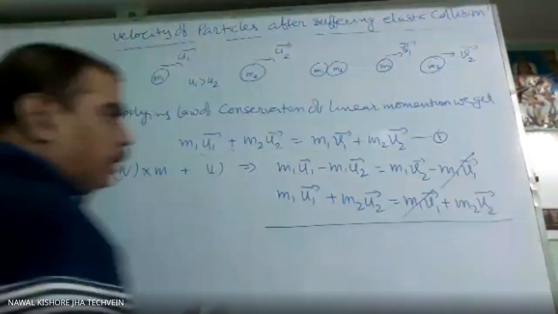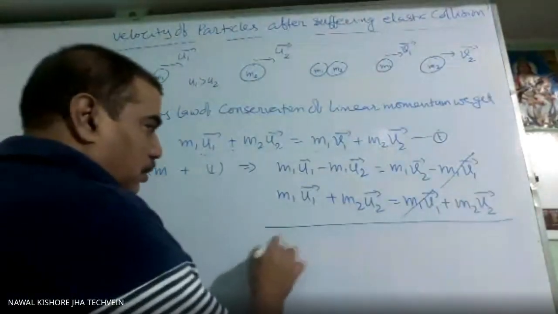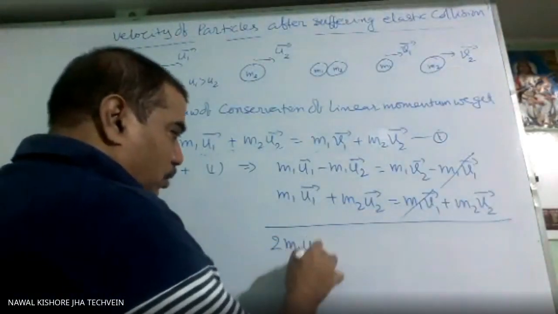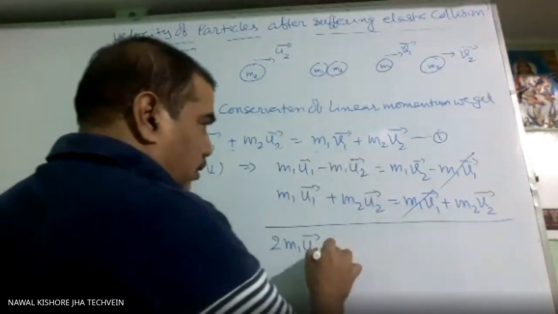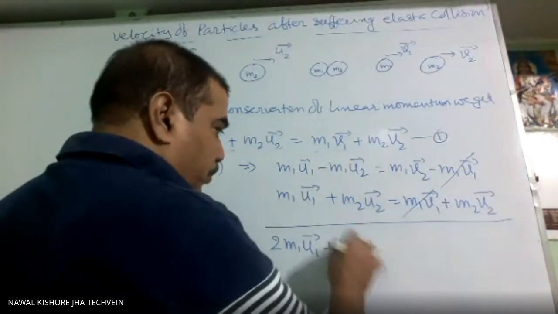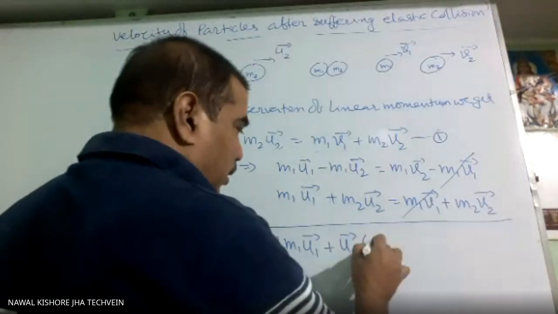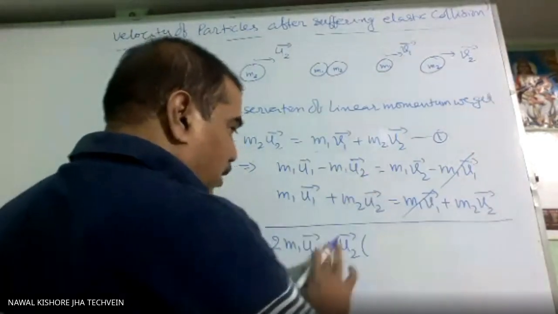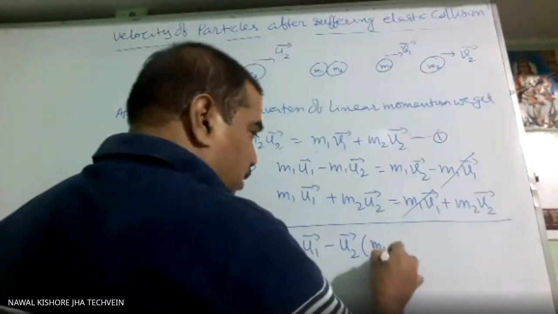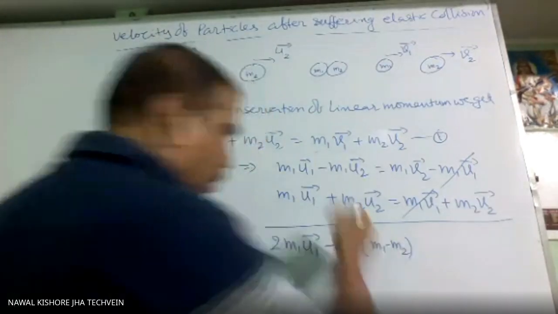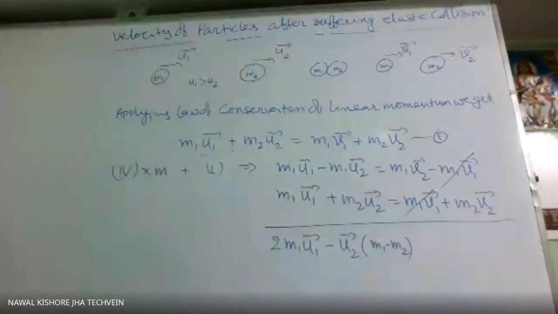So what will you get? Twice M1 U1 plus U2, if you are taking common, then M2 minus M1, or if you are taking minus, then M1 minus M2. You are free, you can write like that also.